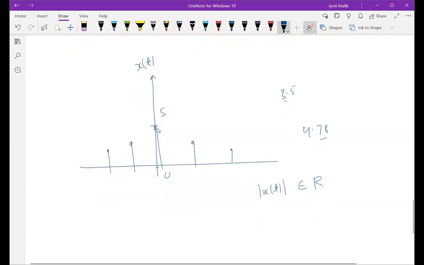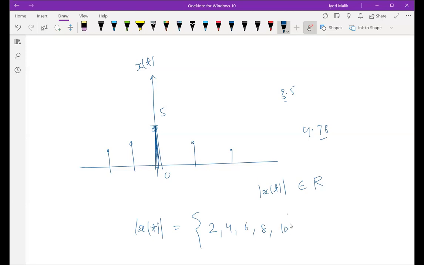But now what we want to do is not let the amplitude take any value it wants. We want to force it to take only a particular set of values. Any value out of that set it can take, outside that set it cannot. For example, we can bound it so that it has to take only the values 2, 4, 6, 8, and 10.